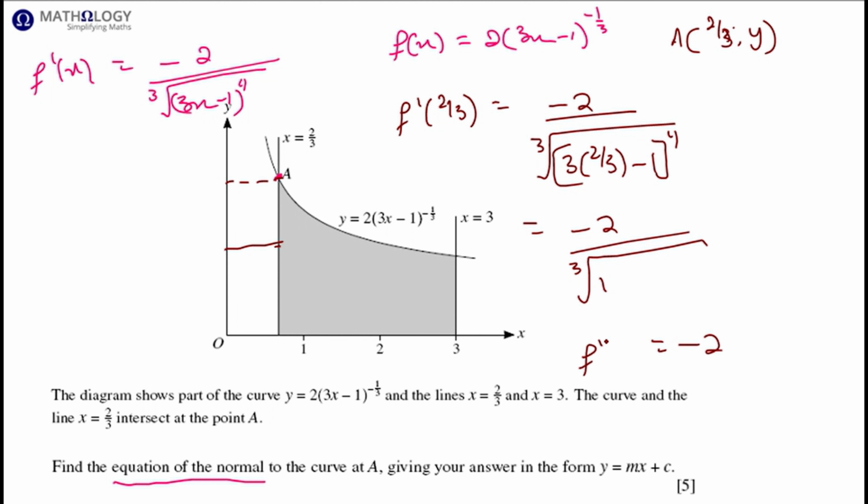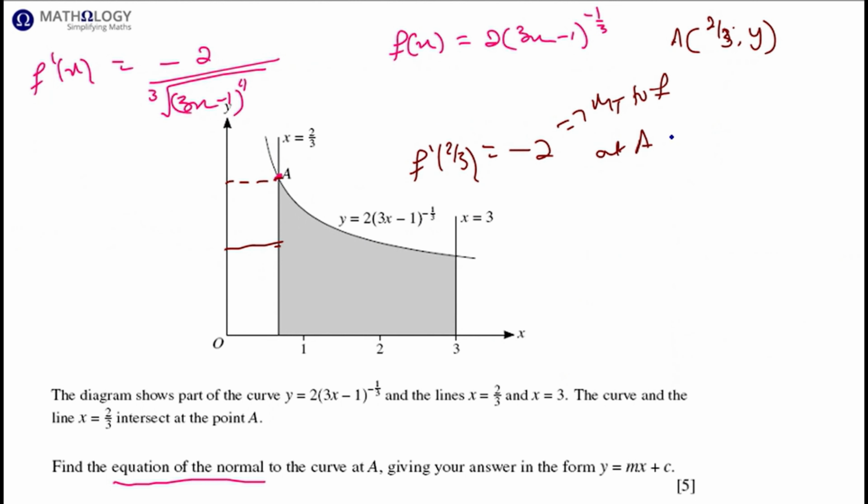So minus 2 is the gradient of the tangent to f at point A. Now, the gradient of the tangent to the curve at A is minus 2. Therefore, the gradient of the normal to the curve through A will be the negative reciprocal of minus 2, which is going to be a half.